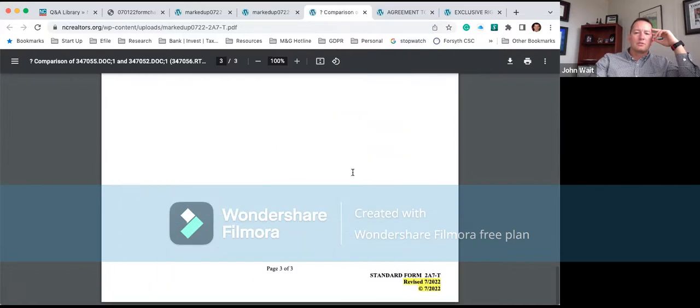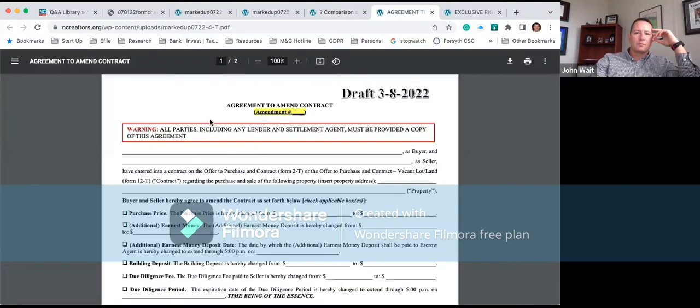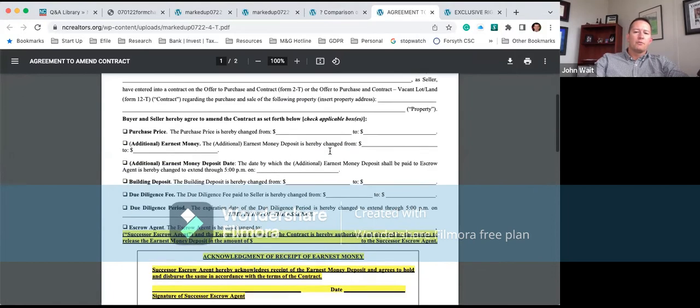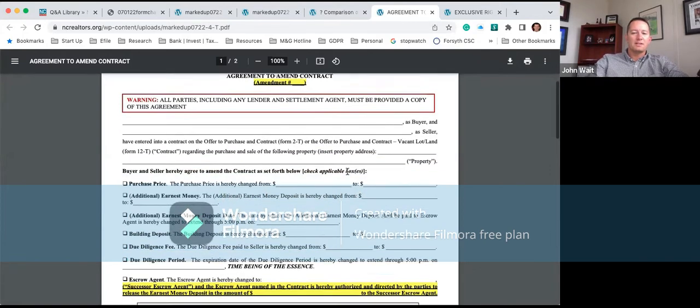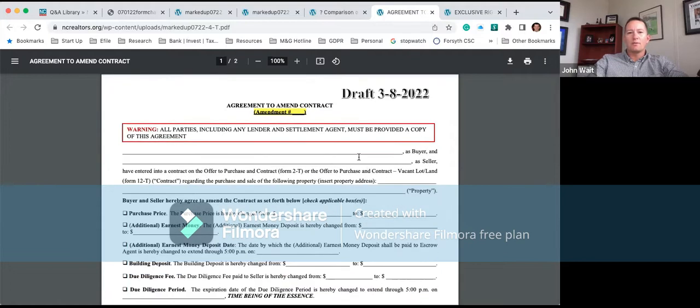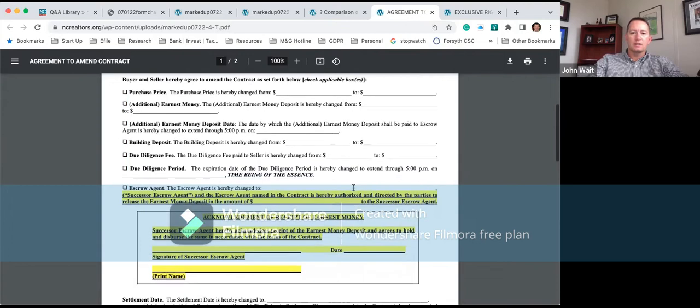All right, so those are the major changes with that form. This next form only has one simple change that we'll cover, and that is right here, the agreement to amend contract, form 4T. It used to be that when you did an amendment, there was no way to tell what number it was except by the dates. Here, you can have amendment 1, 2, 3, 4, anything like that.